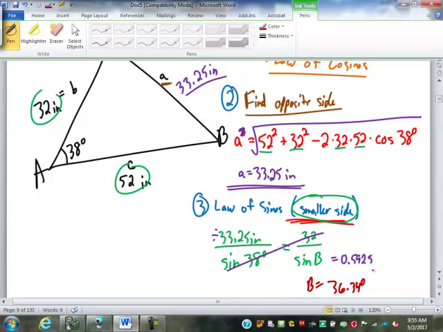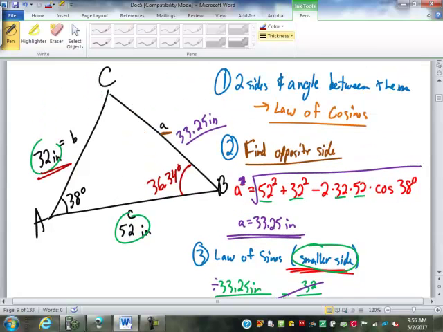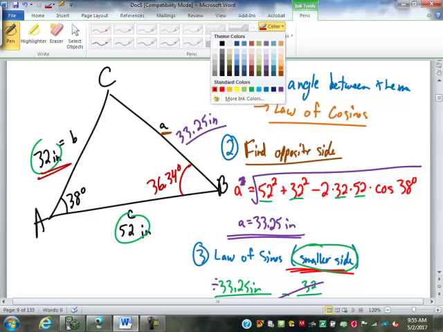Now is that our angle, or do we have to do the supplement? That is our angle. That is why we used the smaller side. So we knew that was our angle. We didn't have to worry about whether it was a supplement or not. Now we have to find angle C. How do we find angle C?